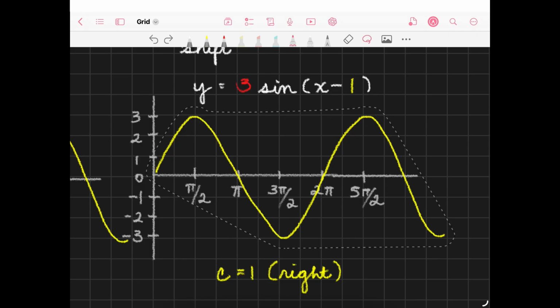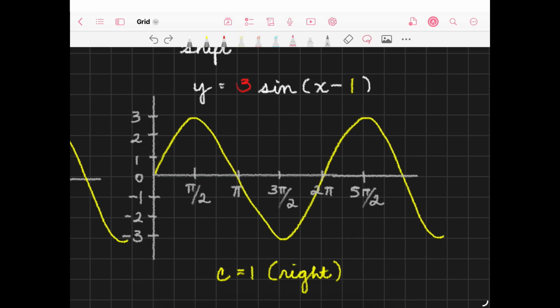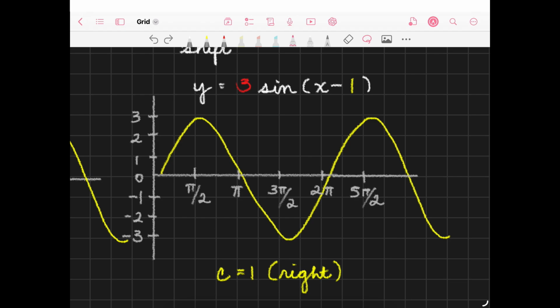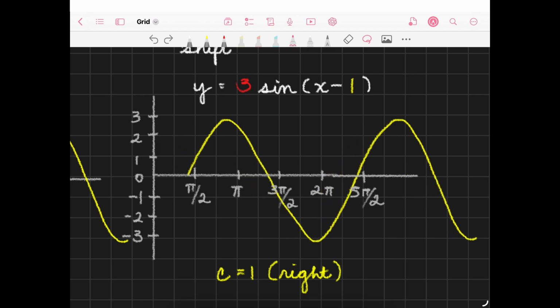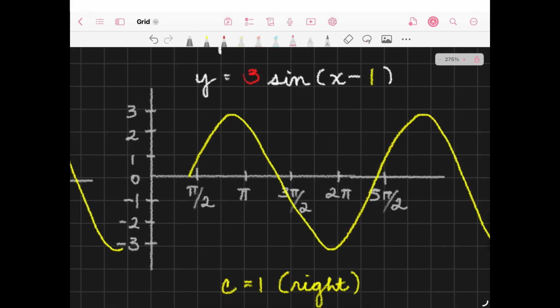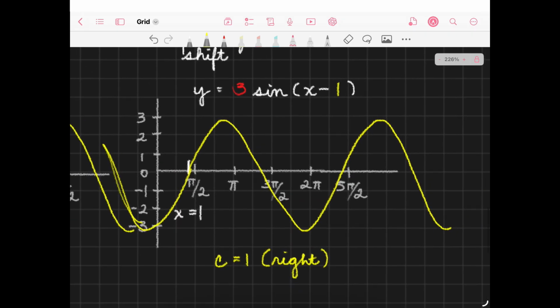So we would move 1 unit to the right. So let's start from, this is the origin. So it's here. So we're shifting our graph to the right, and we have x equals to 1 here. And since this equation is continuous, then we would have to draw the others. So this would be your graph to the equation.